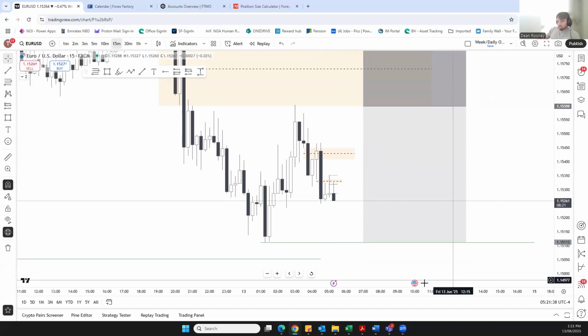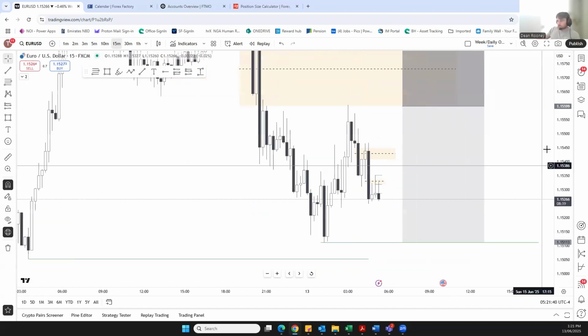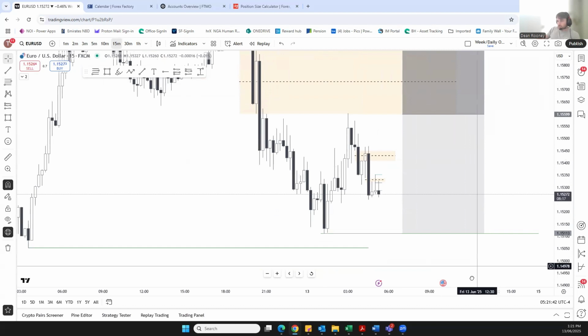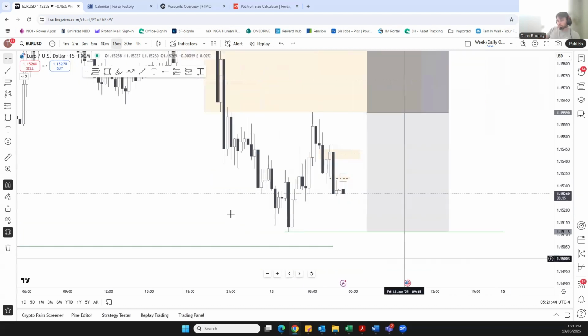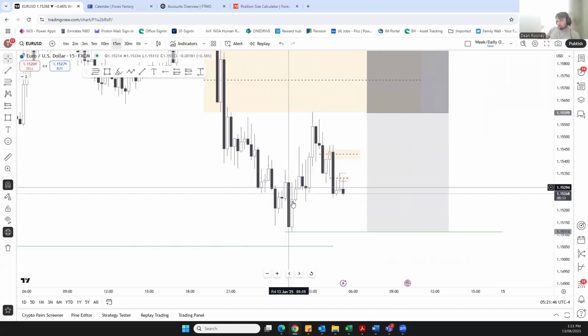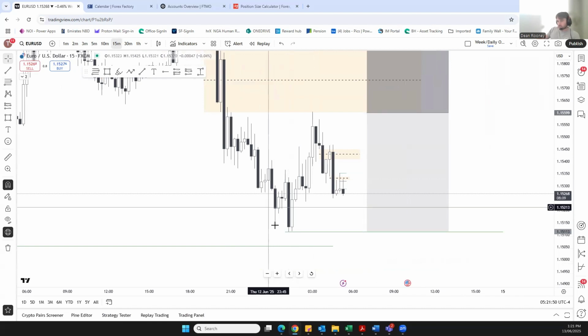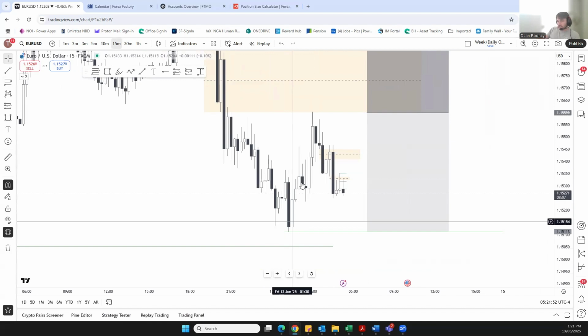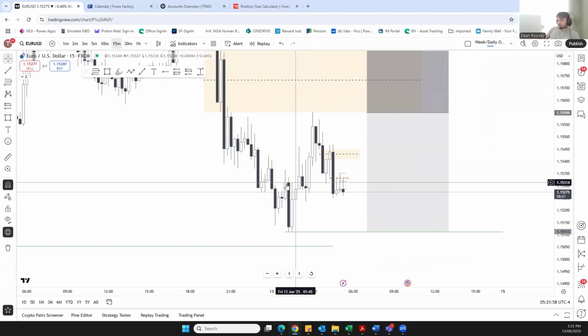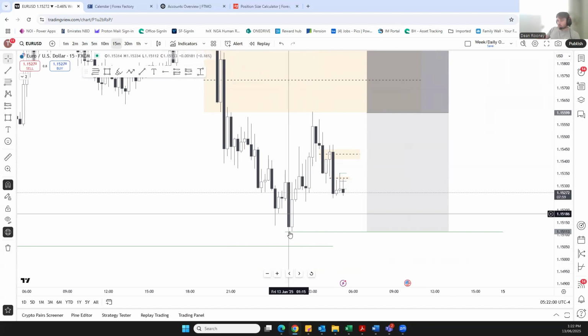And interestingly, there's another concept that I'll just touch on here. If you see this large down close candle, that's ran liquidity. This was the low, it's ran liquidity and it's pushed higher. When price returns to the top of this, that's an order block.